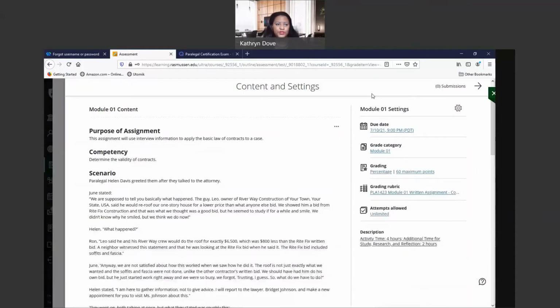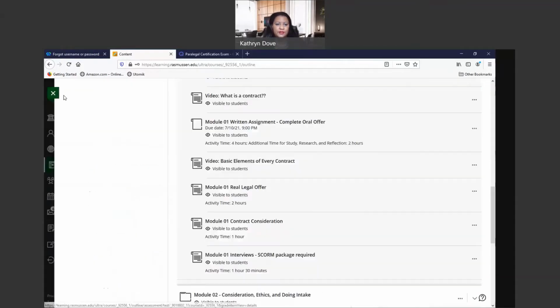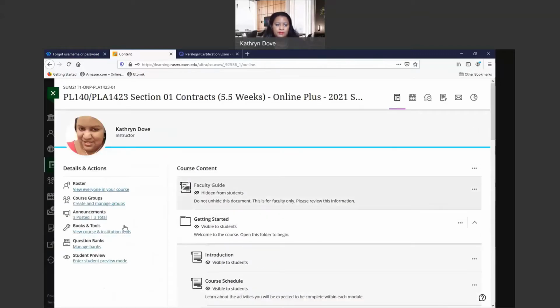Other helpful resources can be found by clicking on Books and Tools.